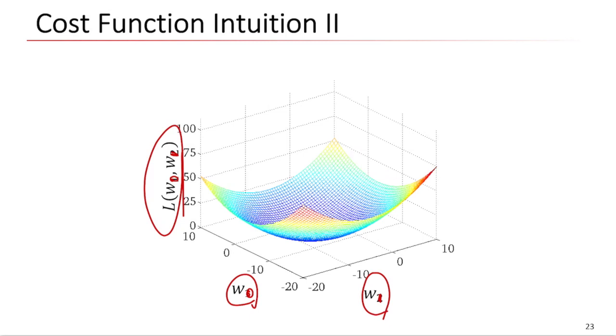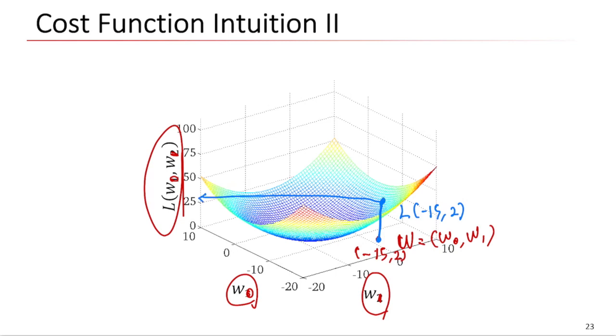In this case, if we choose one single point here, let's say W is equal to W0, W1, something like negative 15 and plus 2, right? Then the value of the loss function at negative 15 comma 2 should be some value here.